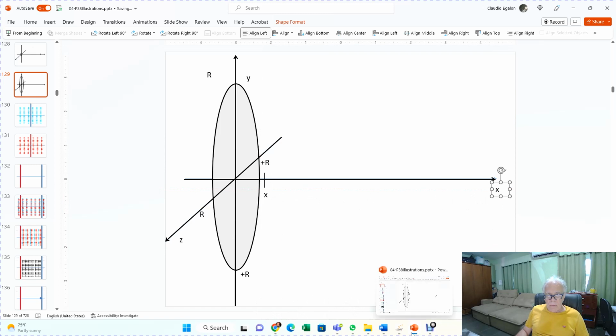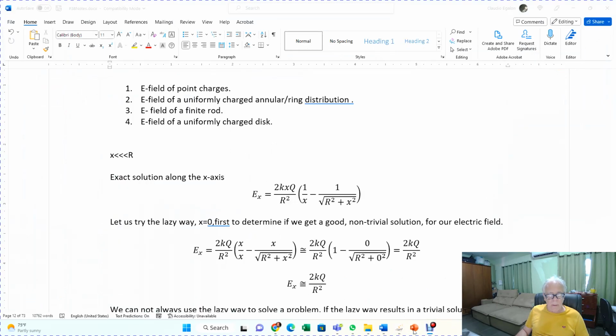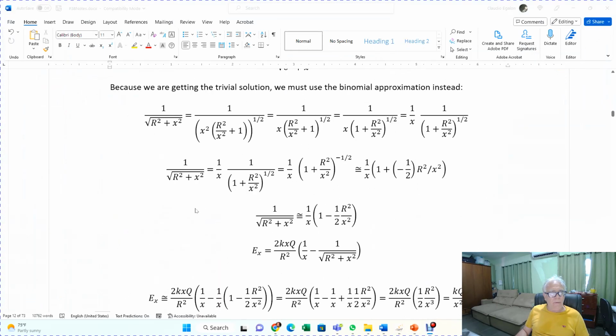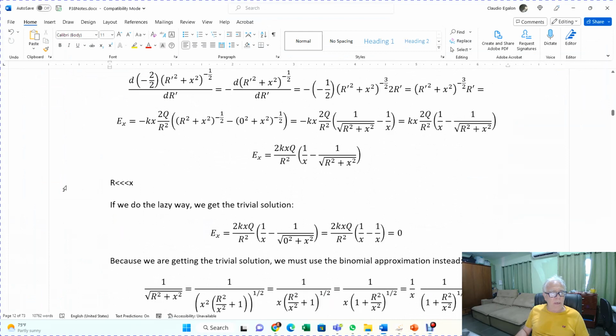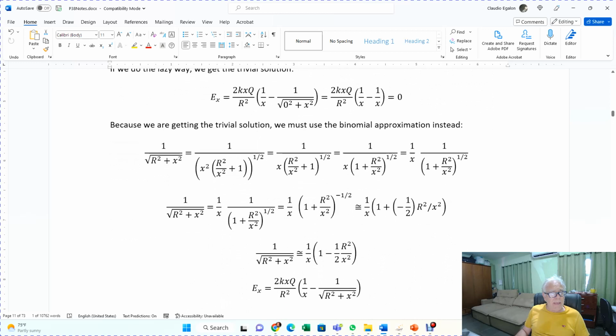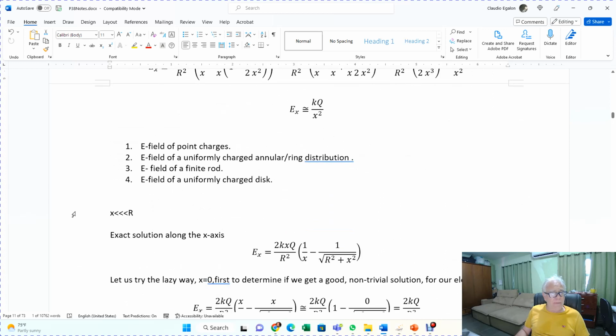Going back here, we did r much less than x, which reduces to a point charge. But then we can do the opposite too. What if the point is very close to the charged surface? What if x is much less than r, or r is much greater than x? What type of solution do we get?